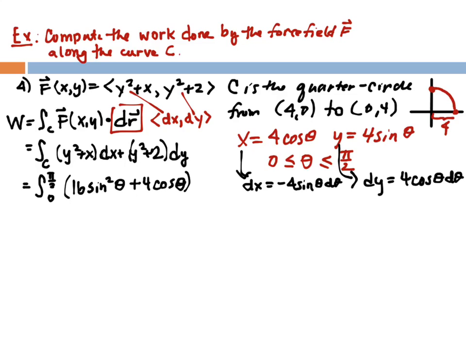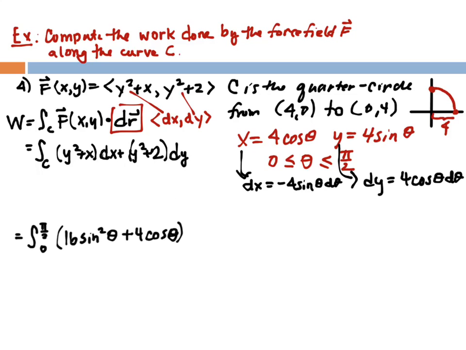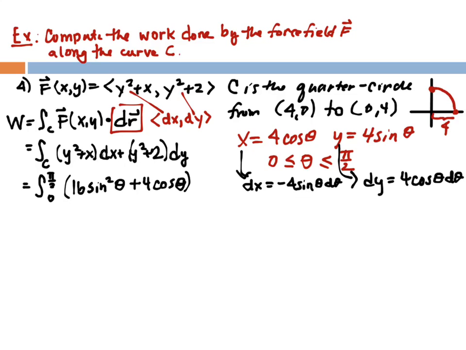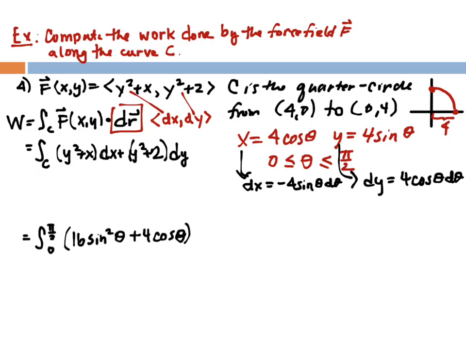Okay, so I've run out of space. So let me move this down just a little bit so I can continue it. All right, and then this is supposed to be times dx here. So this is times negative 4 sine theta d theta. That's the first half.